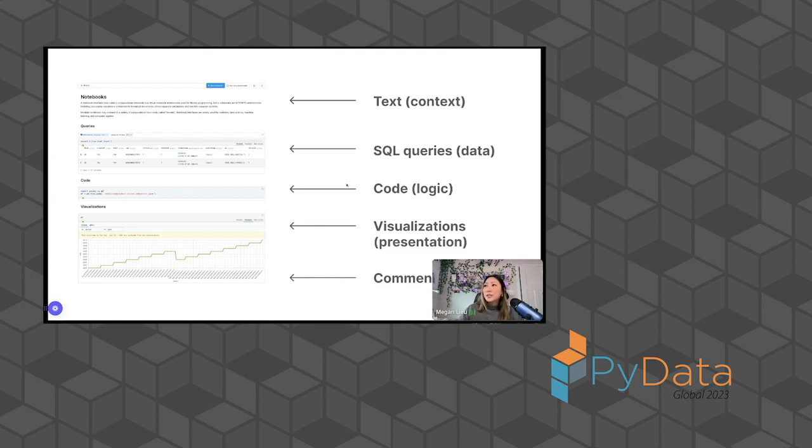We have SQL queries to bring in the data that you're working with. You also have code to add the logic around those queries, a visualization layer to present to your business stakeholders, and lastly, a commenting capability to allow for feedback and iteration on those presentations that you're giving.